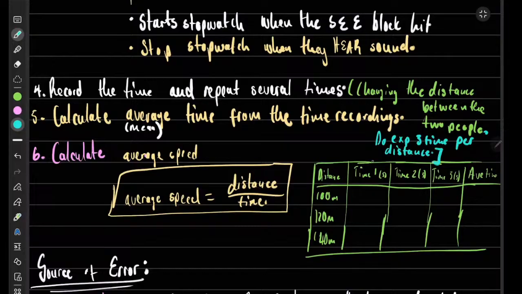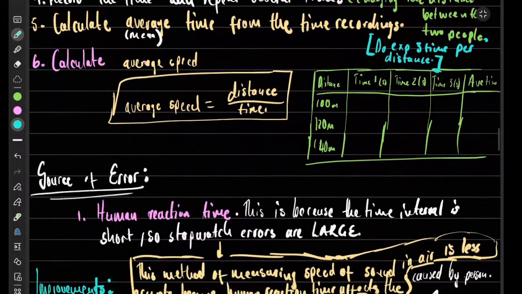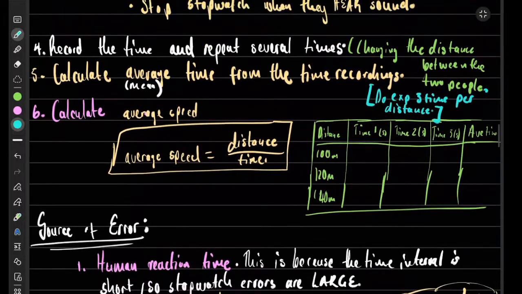You do the experiment 3 times and you get the average time. So you put the person at 100 meters, then you clap, they stop when they hear, they record. You clap, they stop when they hear, they record. You clap, they stop when they hear, they record. Then you say, move back a bit, they go to 120, and you do it like this, and you'll be calculating the speed. So this is about time.